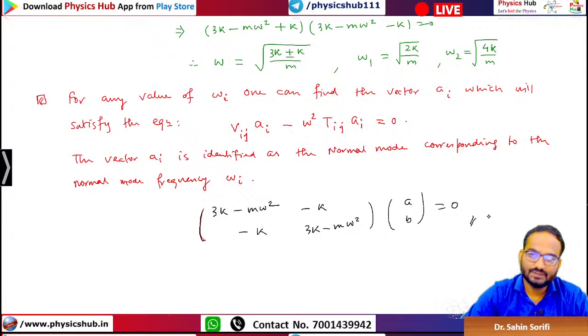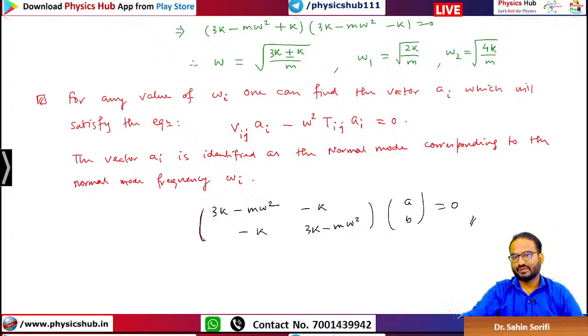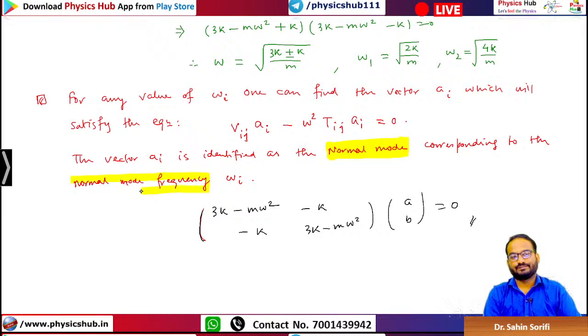Normal mode frequencies are the eigenvalues, and the corresponding eigenvector is known as the normal mode. Two things: normal mode and normal mode frequency. Normal mode frequency is like the eigenvalue. Normal mode is like the eigenvector.